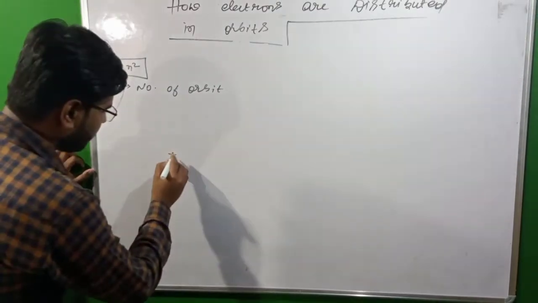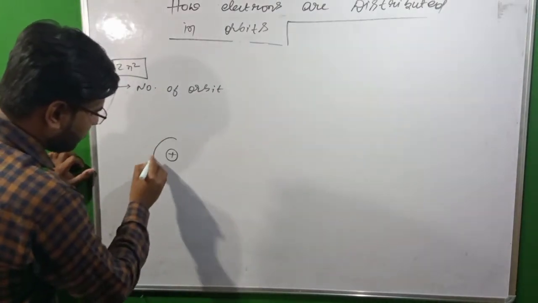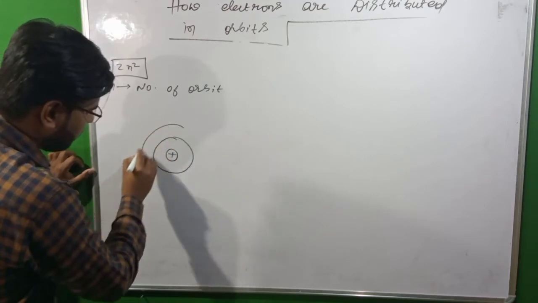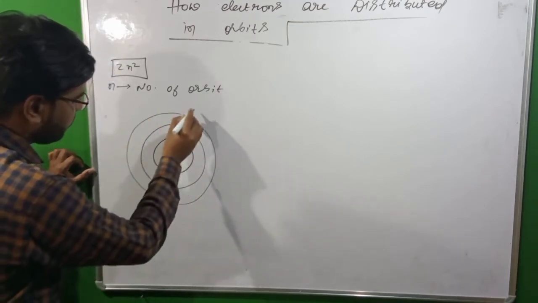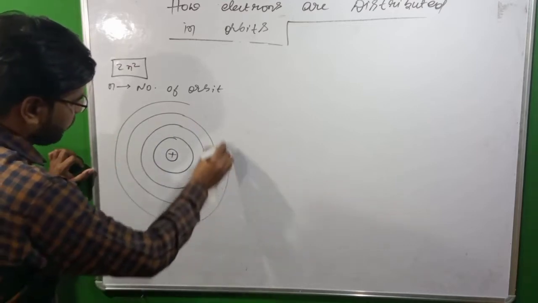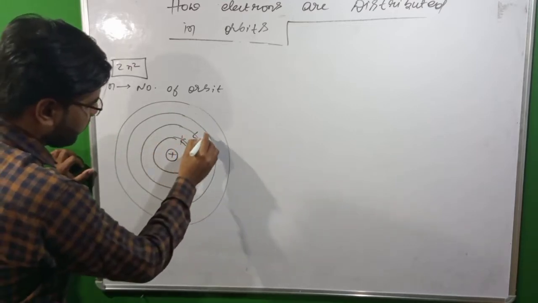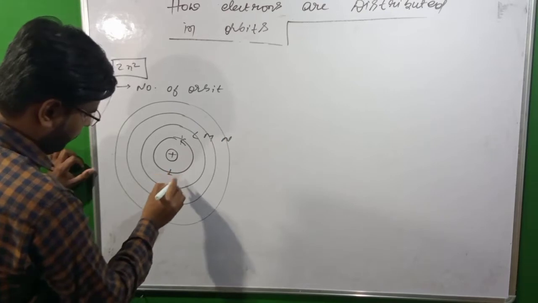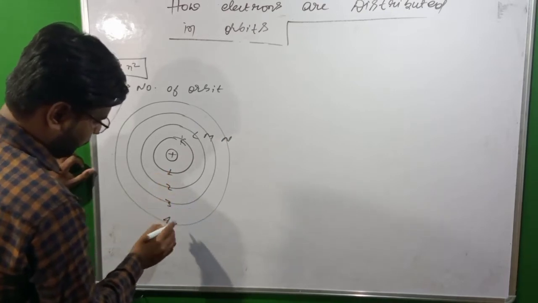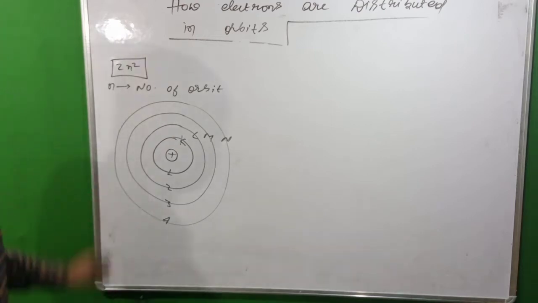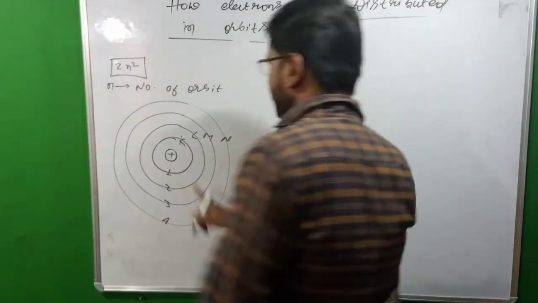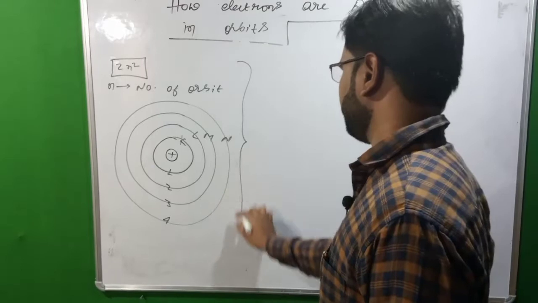So suppose this is the nucleus, this is the K shell, L shell, M shell and N shell. K, L, M and N, or 1, 2, 3, 4. These are 4 orbits, right? So let us calculate the number of electrons in all these orbits.